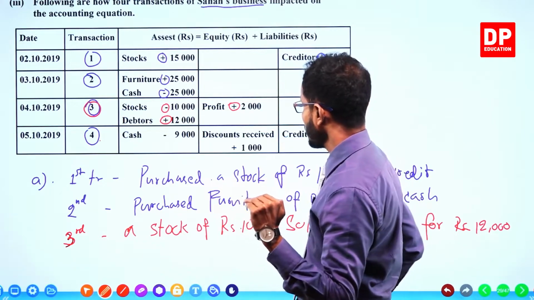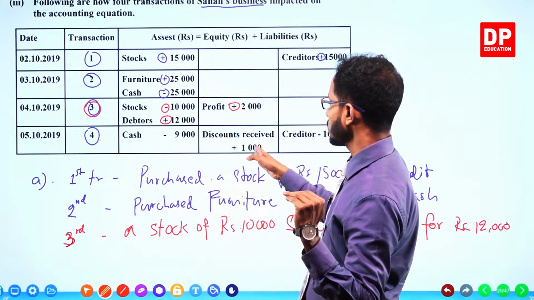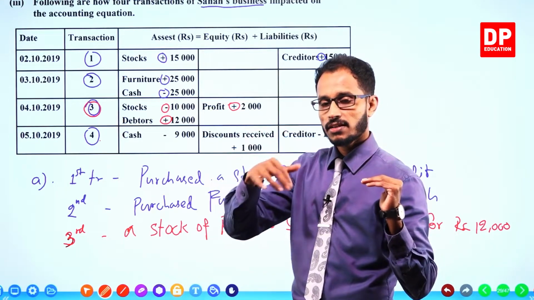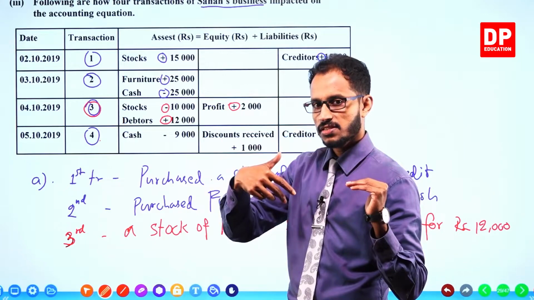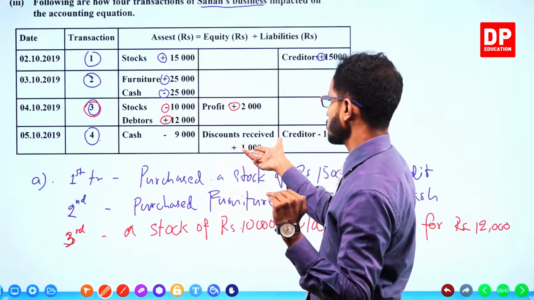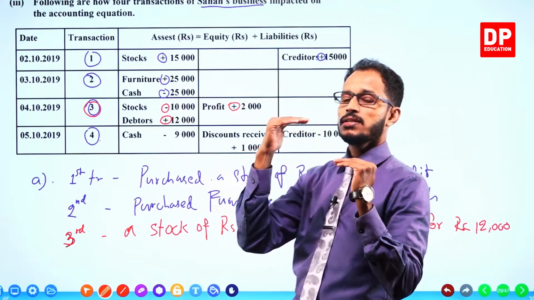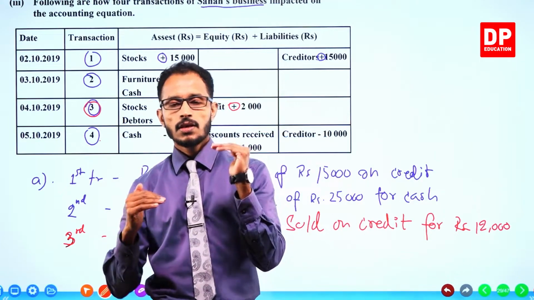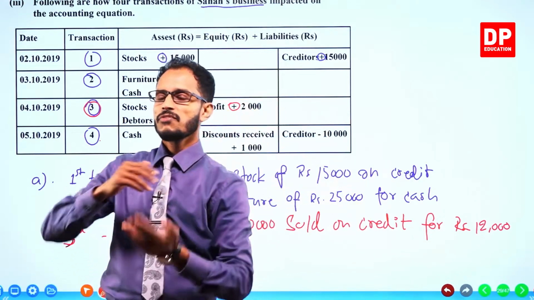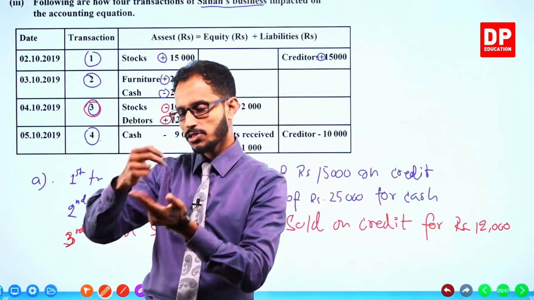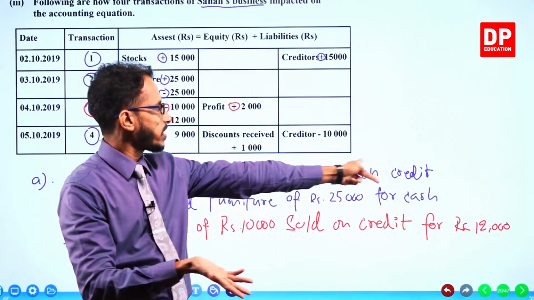At the same time, discount received. We have received a discount of 1,000, and creditors also have decreased. So if cash has decreased, we have paid out cash. We have paid cash to somebody. To whom? Creditors.